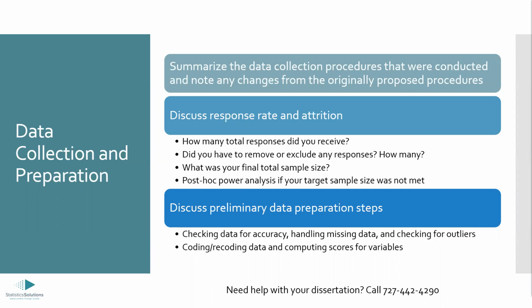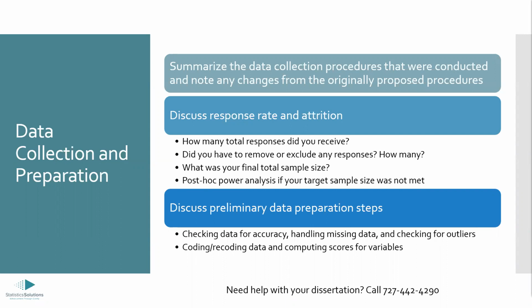So checking the data for accuracy is especially important if you had, for instance, paper and pencil surveys that you had to manually enter into an electronic format. You'll want to check those data entries to make sure that the data were entered correctly from the paper and pencil responses to the electronic format.